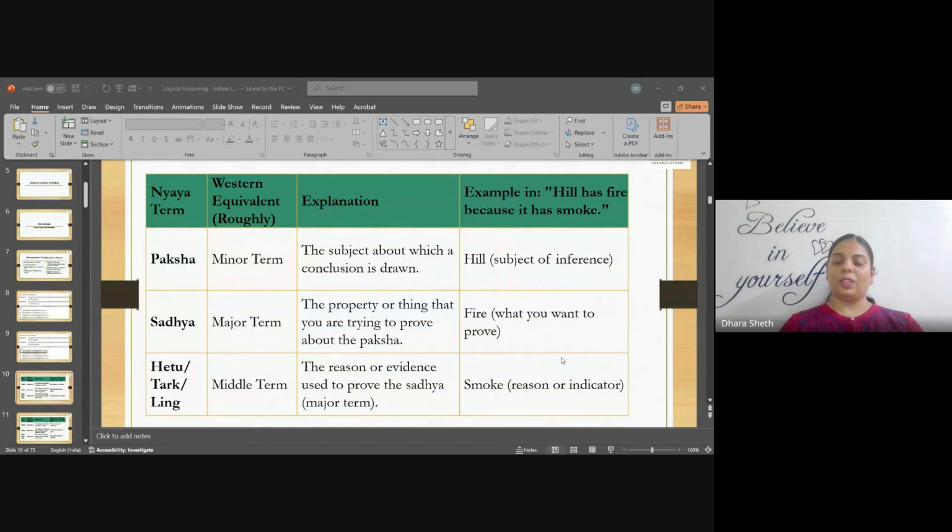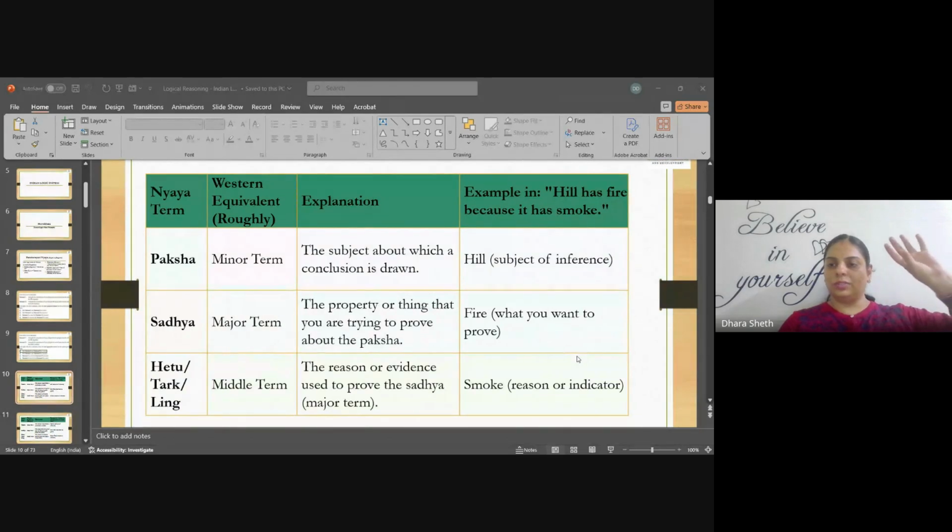Sadhya. Whatever you are trying to prove, that is called sadhya. Okay? Major term. The property or thing that you are trying to prove. And middle term, hetu, tark or link is the reason using which you are trying to prove. The reason or evidence used to prove the sadhya or the major term.